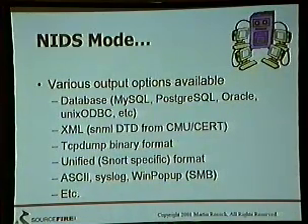The unified format is kind of the future of Snort output. Suffice to say that it's a lot like the tcpdump mode, but there's a couple of different modes, and it's very fast. We also support ASCII, syslog. We can send WinPopup messages if you want that, if you want to be clearing dialog boxes all day long.